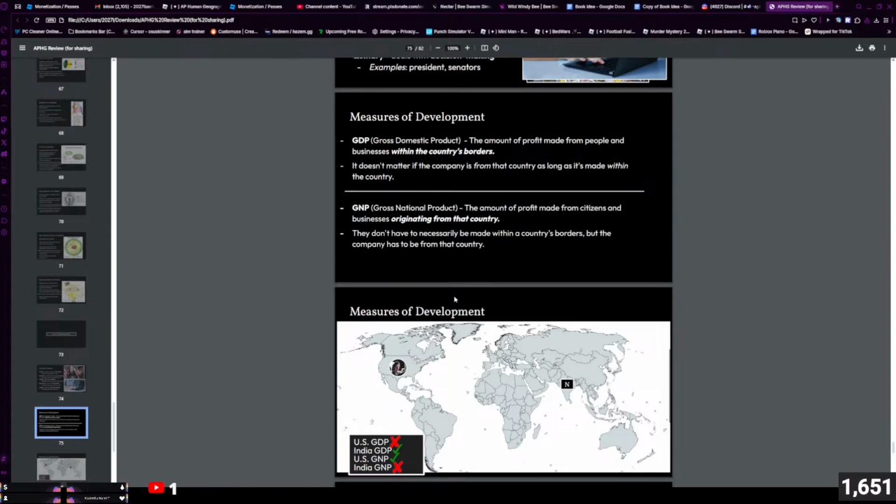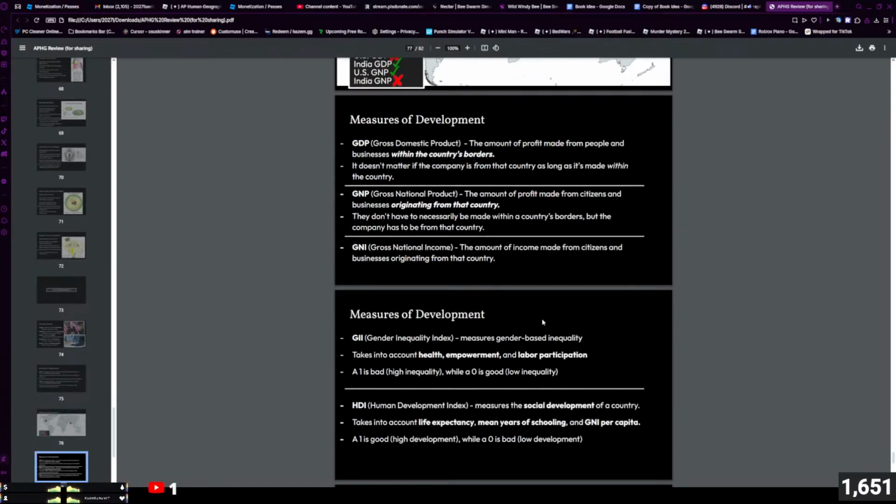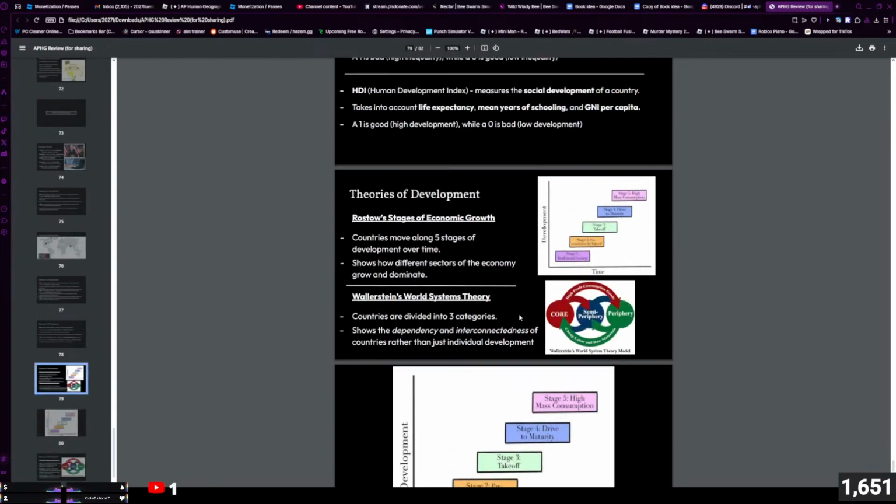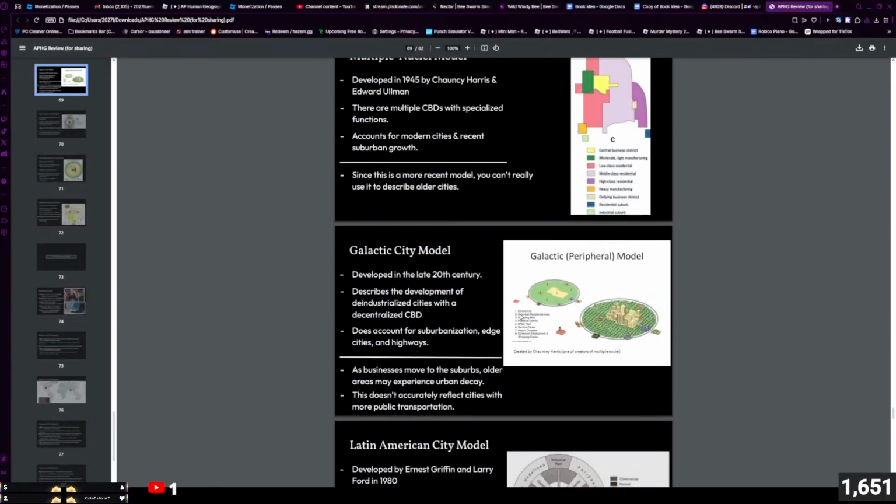Galactic City model. But where's the Galactic City model? I don't see it. Ah, here we go.